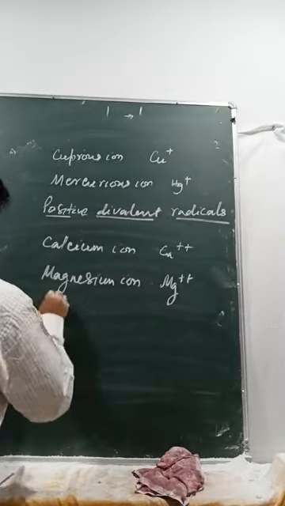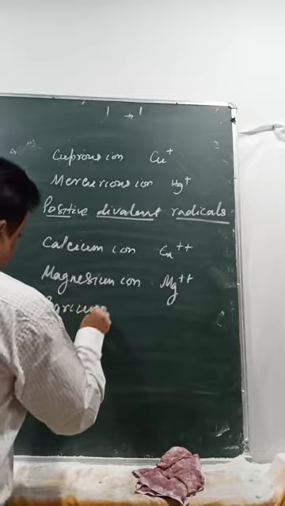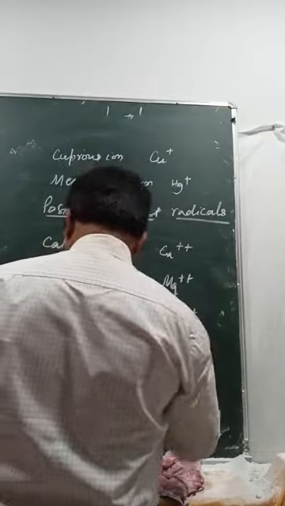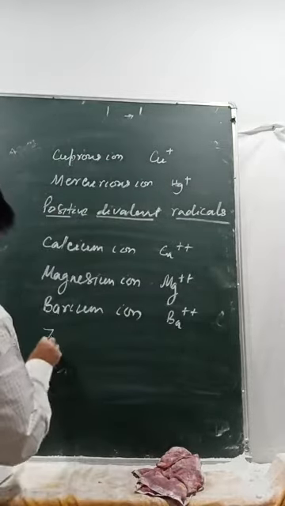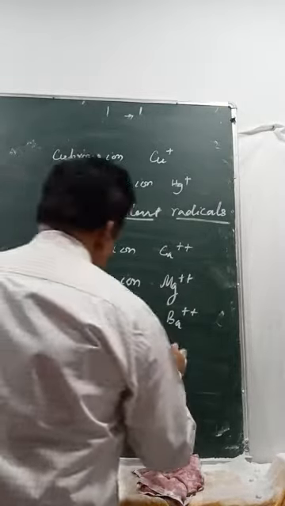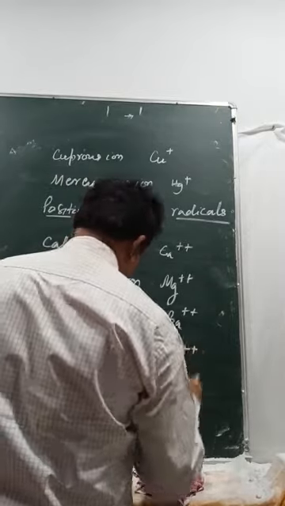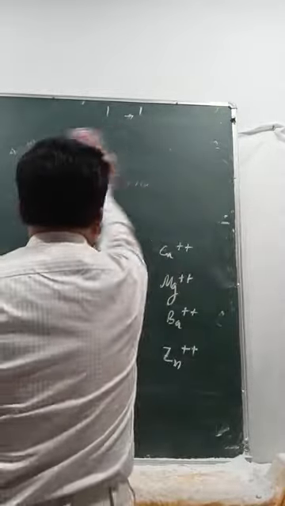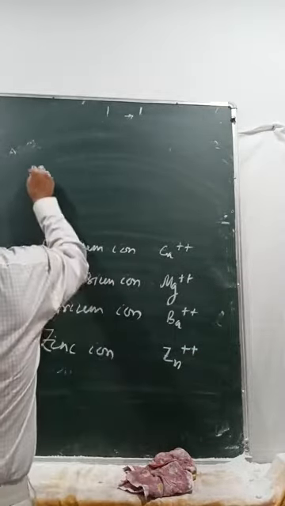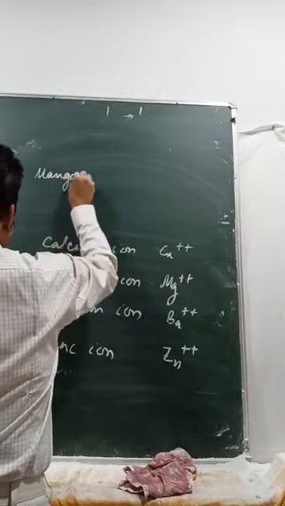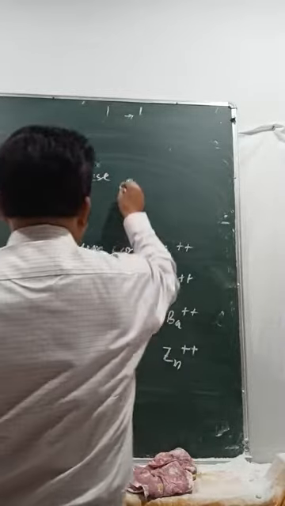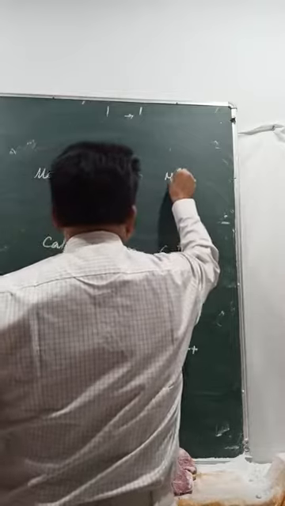Similarly, barium ion, that will be Ba plus plus. Then zinc ion will be Zn plus plus. Now if I take manganese, that is Mn plus plus.